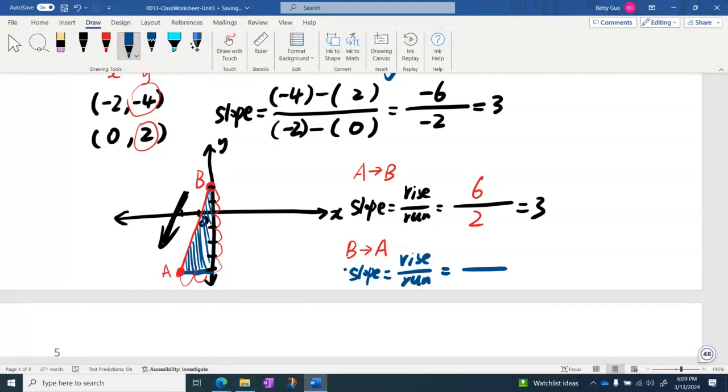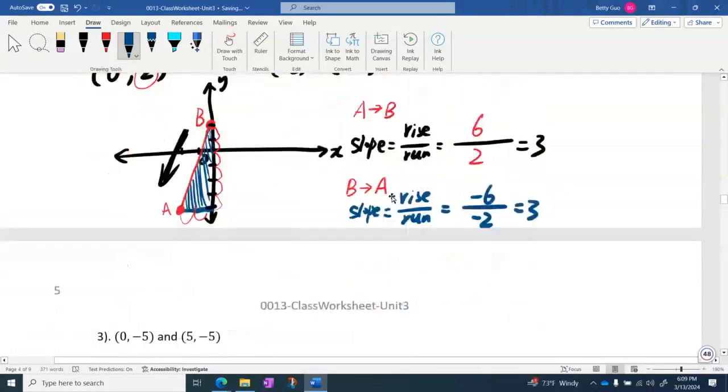From B to A, I'm going down, so the rise is negative, negative 6. From B to A, horizontally, I go to the left, so the run is negative, negative 2. Negative 6 divided by negative 2 is also positive 3. Correct? So that's the second question.